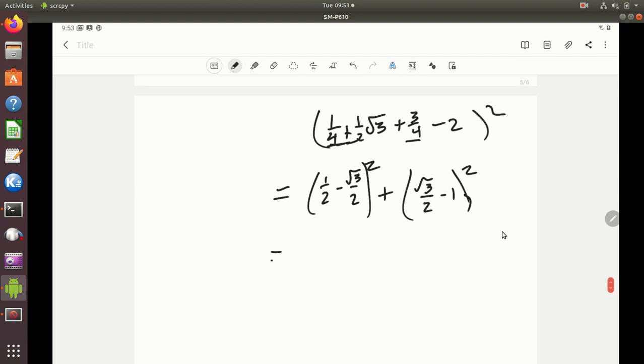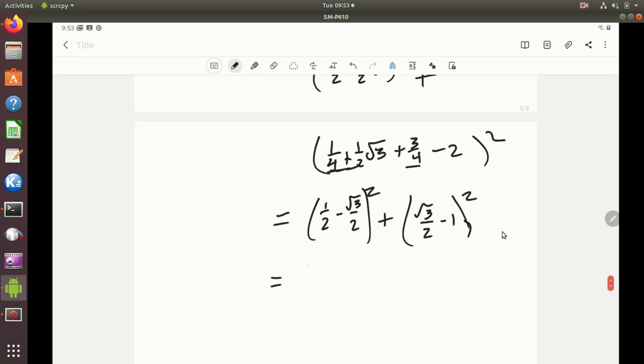Okay, so that's 1/4 minus the square root of 3 over 2 plus 3/4, and then plus 3 over 4 minus the square root of 3, and then plus 1.